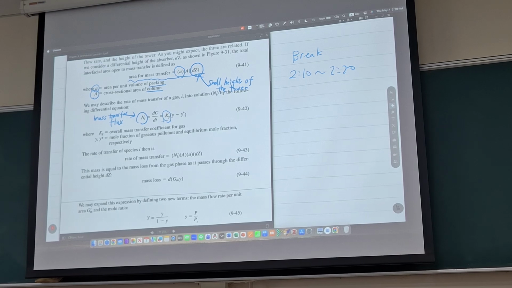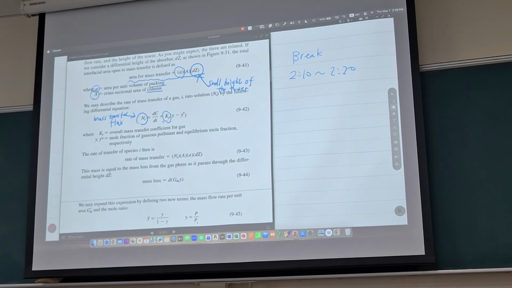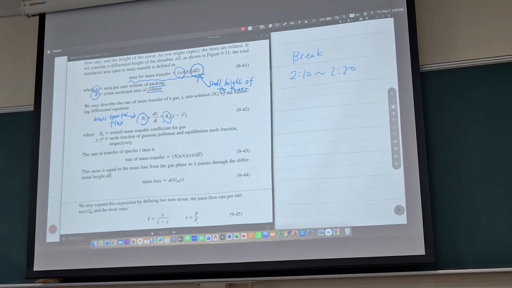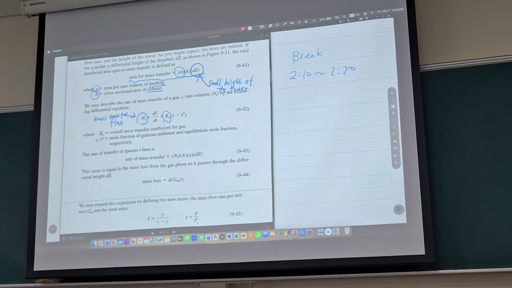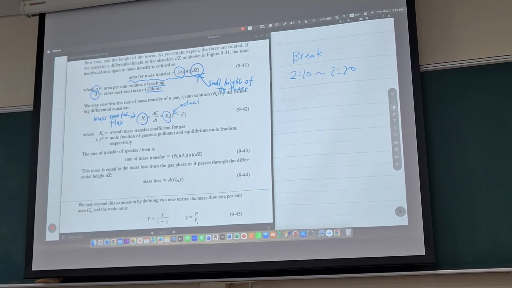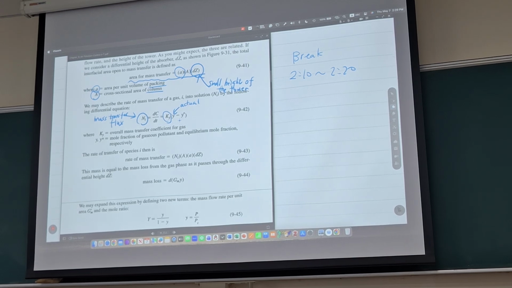Ky is overall gas phase mass transfer coefficient. Y stands for the gas phase pollutant mole fractions. And this one is the actual. Without the star, this one is the actual.